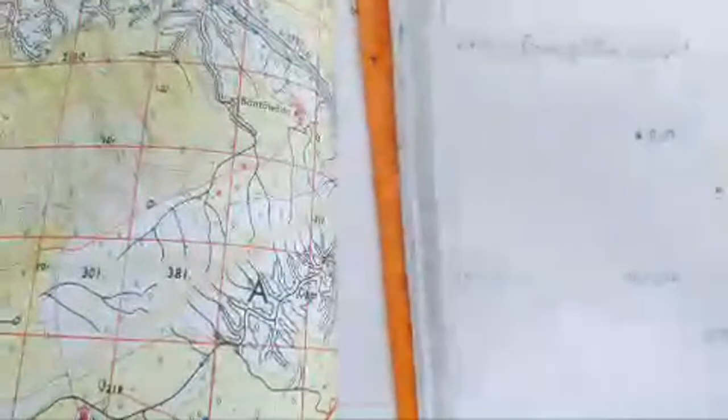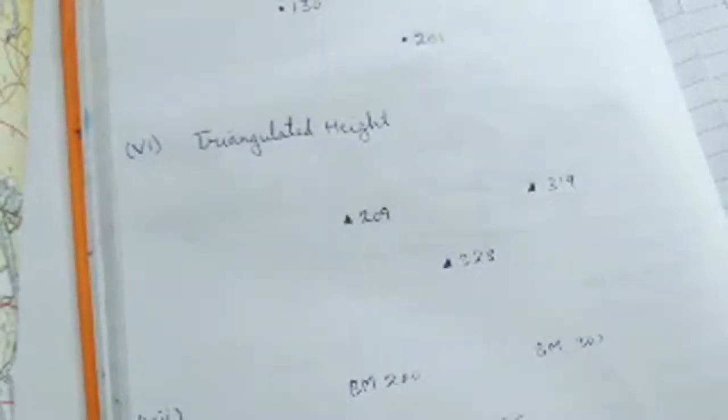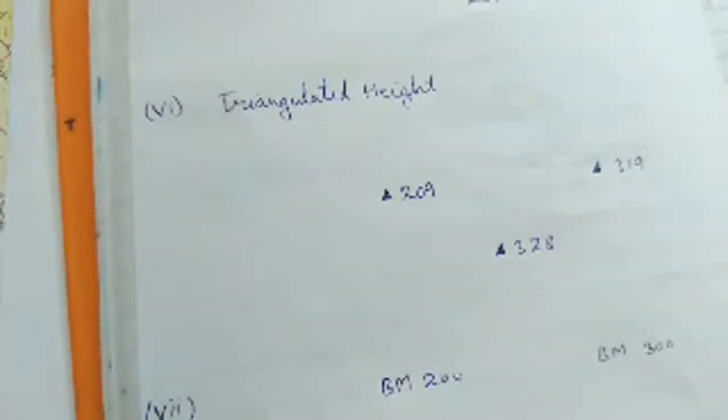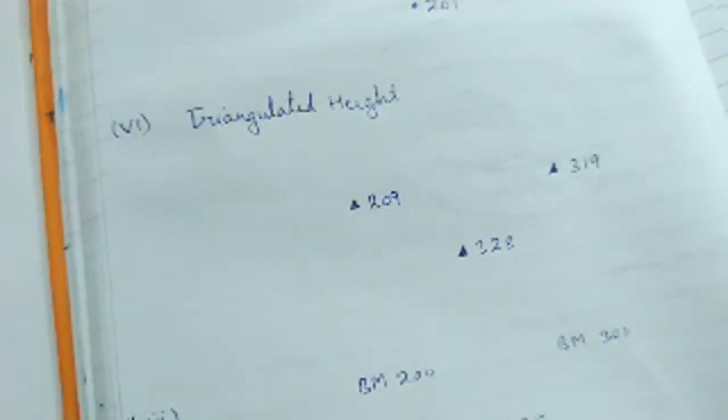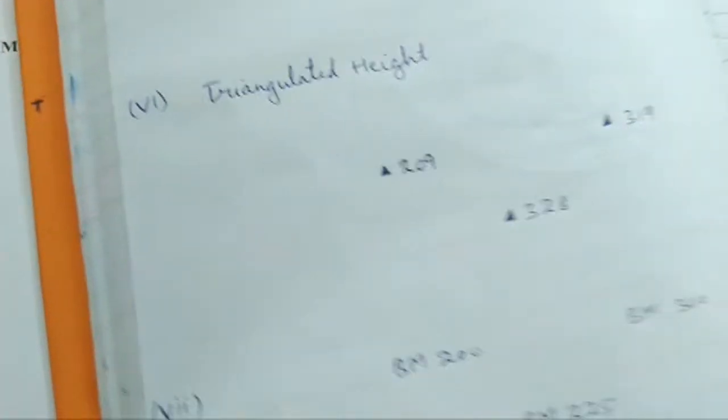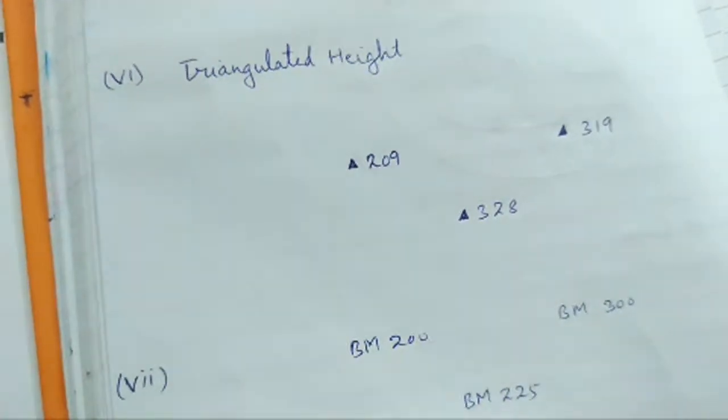Now in maths, you must be knowing about Pythagoras theory. Do you know? So look here. This is one triangle.